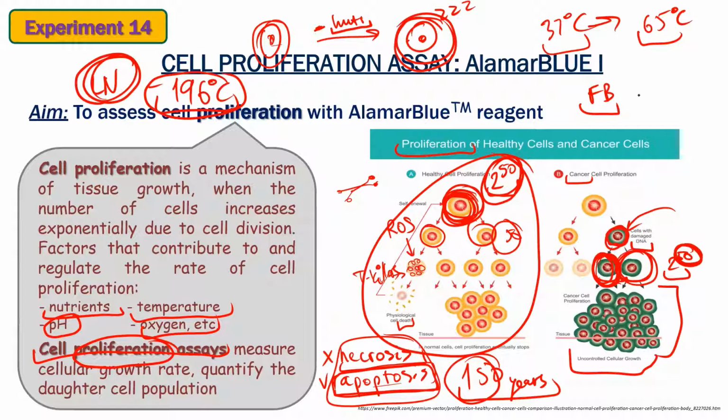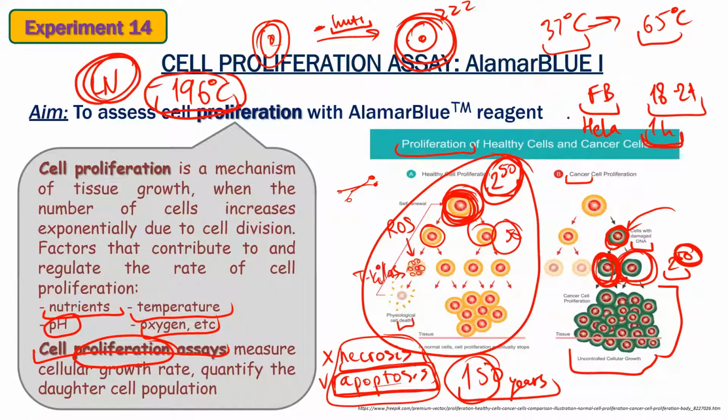So fibroblasts, again, they might divide once in 18 to 24 hours. So it is very usual for fibroblasts to have such a huge number of hours to just divide one cell into two. If you take HeLa, it might divide in 1 hour. So it really differs from cell to cell.